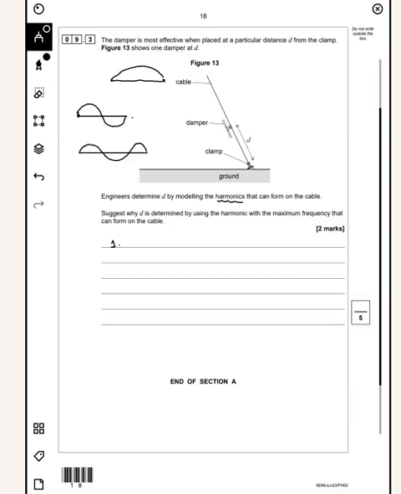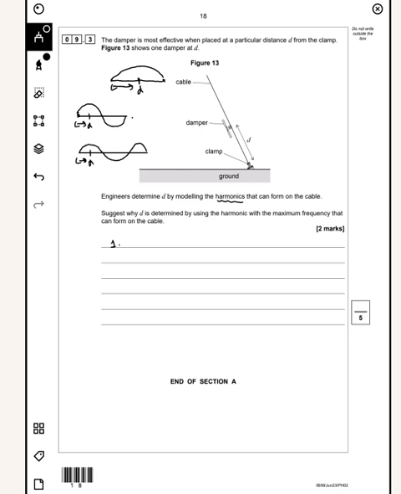If you use the first harmonic, we place a damper here. If you use the second harmonic, you place a damper here. If you use the third harmonic, you place a damper here. So we place the damper at the first antinode, because the antinode is the position of maximum amplitude.